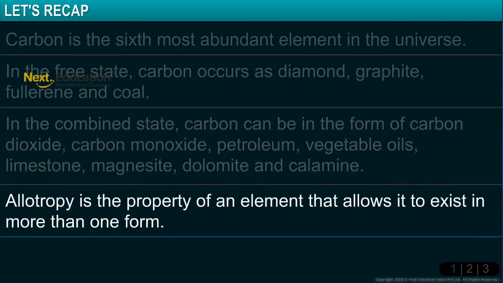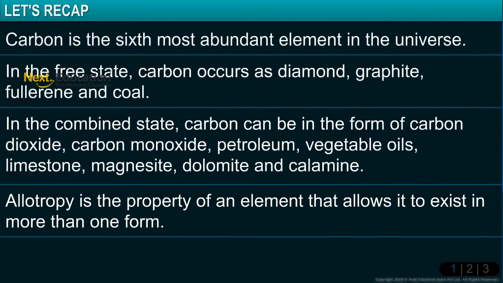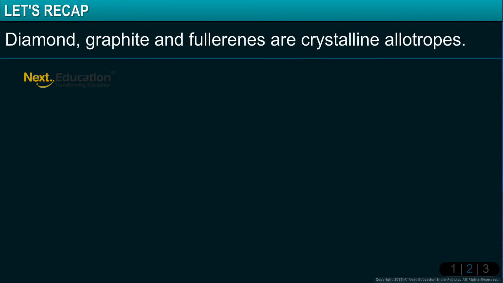Allotropy is the property of an element that allows it to exist in more than one form. Diamond, graphite, and fullerenes are crystalline allotropes.